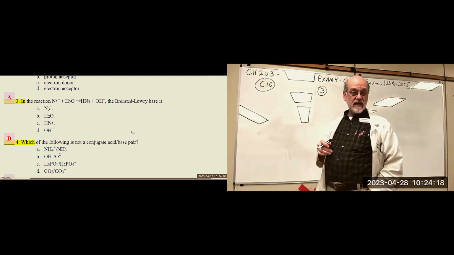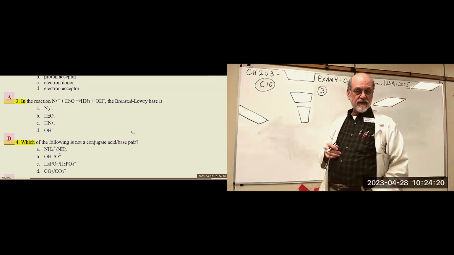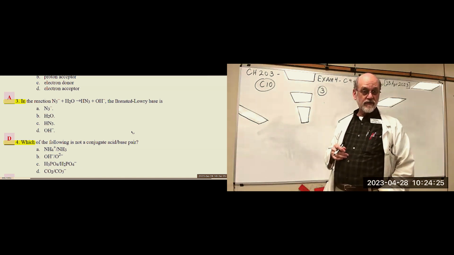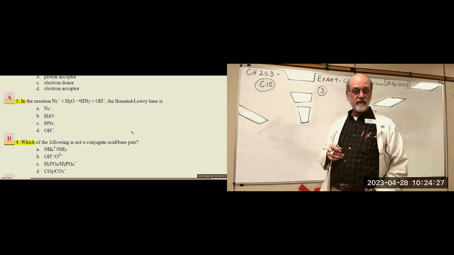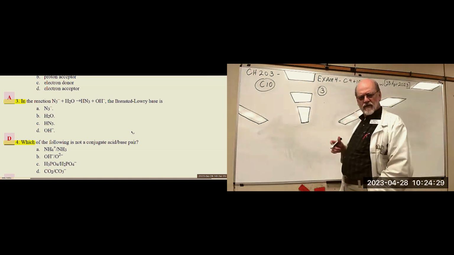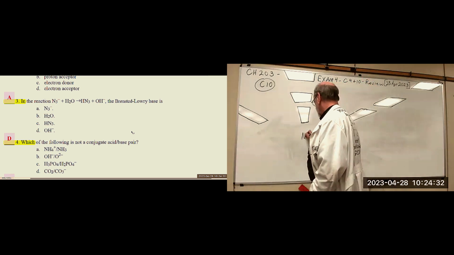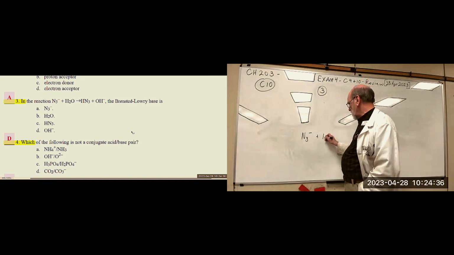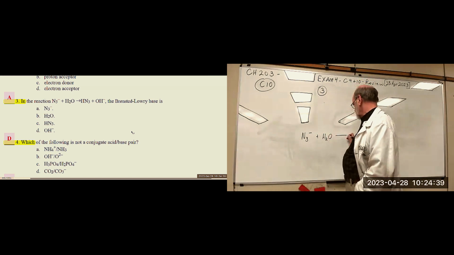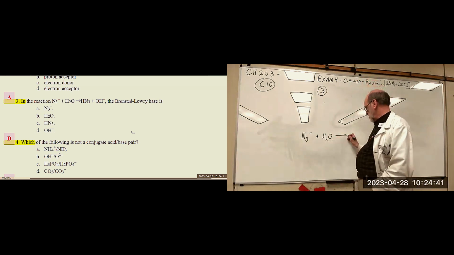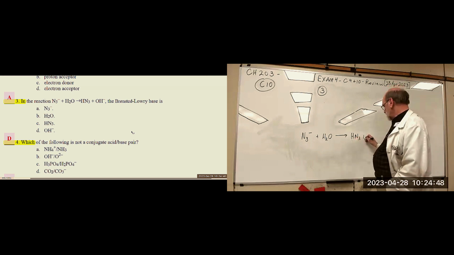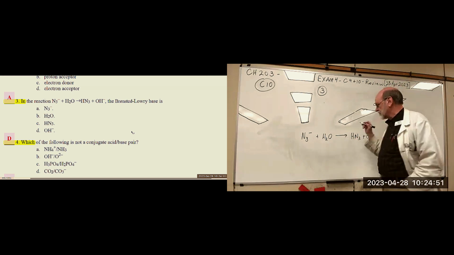In the reaction N3 minus plus H2O yields HN3 plus OH minus, the Bronsted-Lowry base is... Okay, I better write this one on the board. N3 minus plus H2O yields HN3 plus OH minus.